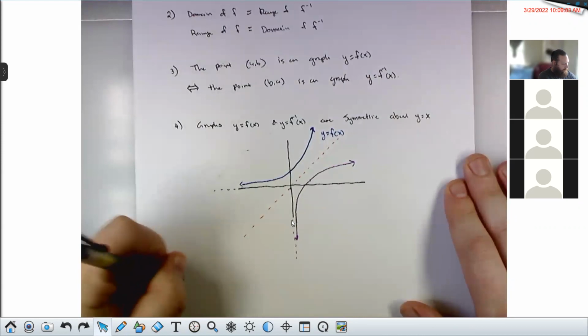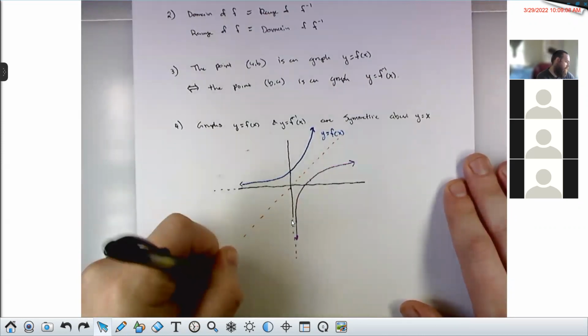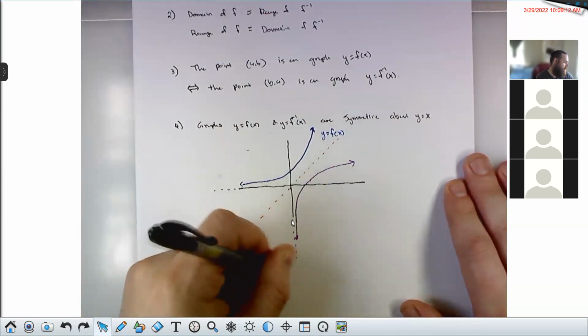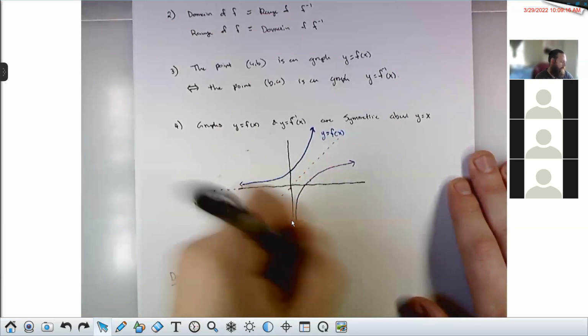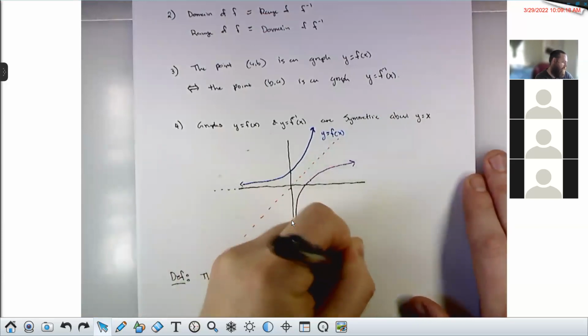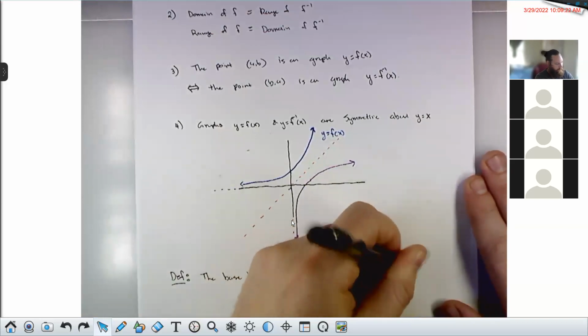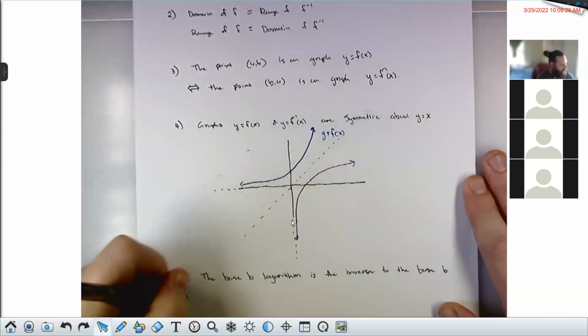The definition we gave last time was that the base b logarithm is the inverse to the base b exponential.